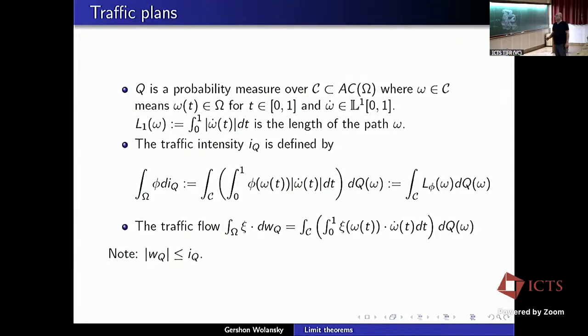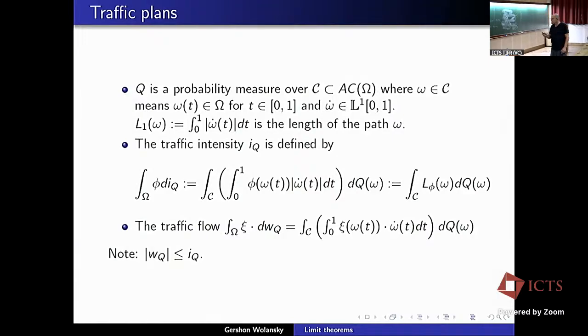Why an inequality? Because the measure I_Q, the traffic intensity, counts all motion. Also, if you go back and forth, it's counted without distinguishing which direction you go. Like if you measure the traffic on a road, you will count the number of cars which go along the road in both ways. But the traffic flow only counts the net number of cars. If you have cars going one way and another car going the other way, they cancel each other.